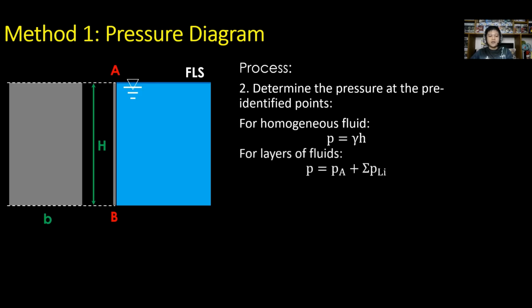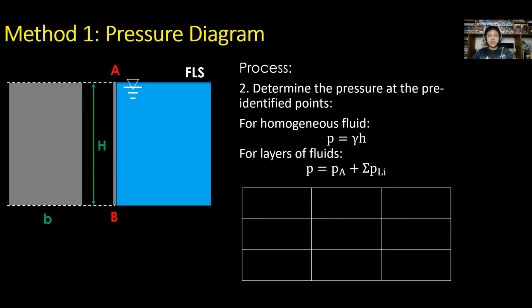While for layers of fluids, consider P equal to P sub A or the air pressure plus the summation of P sub Li or the pressure contribution of the different fluids. And it is better to present solution in table form.